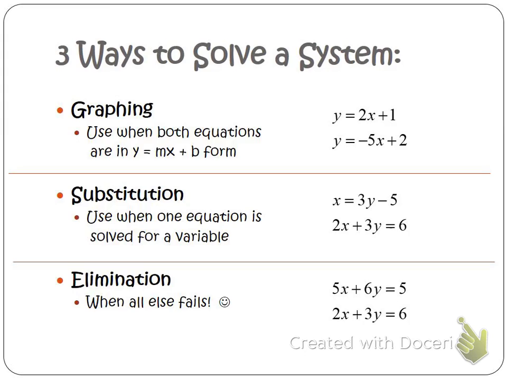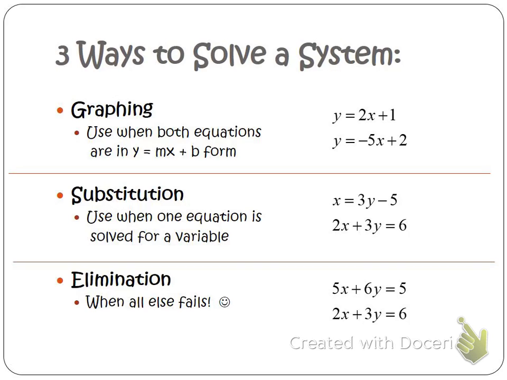Now, there are three different ways to solve a system of equations. You could graph them. Like I said, if you graph them, you're looking for where those two graphs are going to intersect. But graphing is not a very good method. This suggests that you need to use graphing when both equations are in y equals mx plus b form.